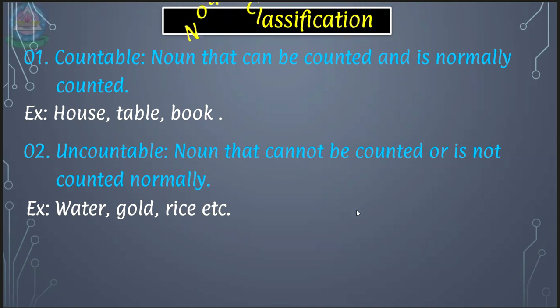They actually don't want to or they can't understand it. All the countable nouns, the nouns that can be counted, is actually not countable. Should I speak in Bangla for the sake of your better understanding?